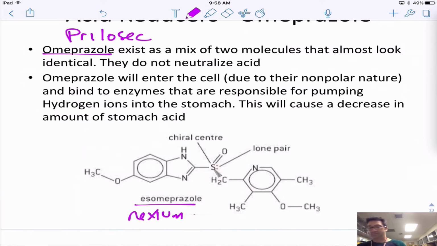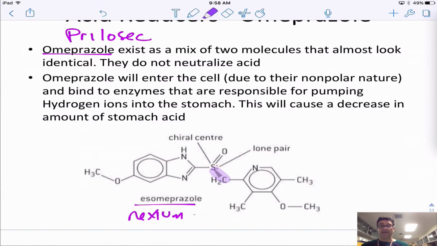The only difference between omeprazole and esomeprazole is this part of the molecule right here. You can see that dashed line. That means that it's heading into the page. That means that the 3D structure of it shows a CH2 group going back into the page.